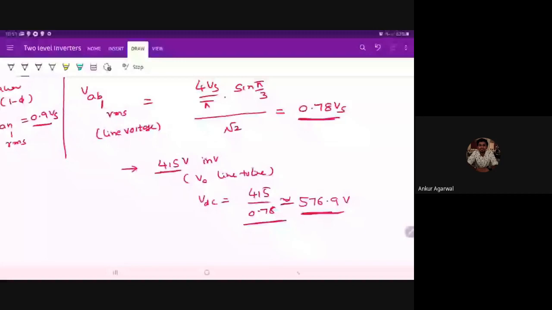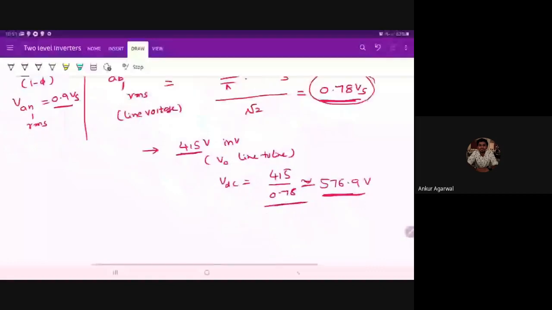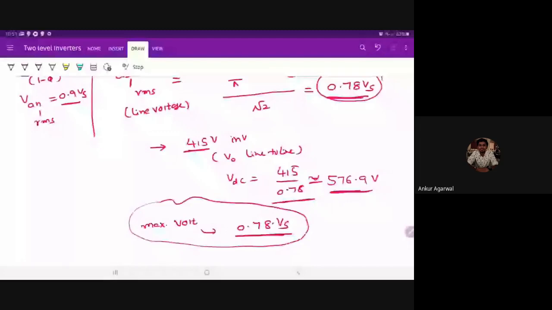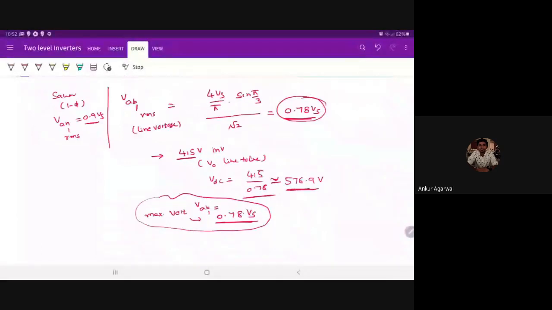So this is the maximum voltage one can achieve from the inverter, that is 0.78 Vs. The maximum VAB line voltage is the fundamental value. Clear?